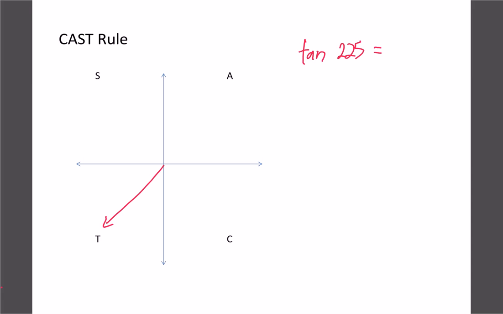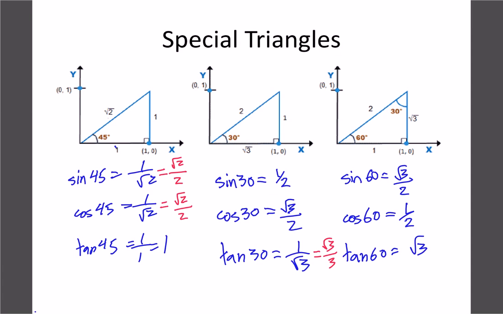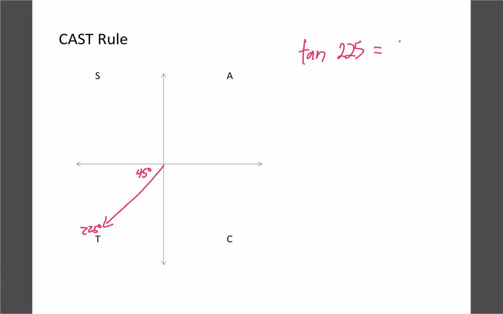Figure out our reference angle. So 225 minus 180 would give us 45. So we know it's a 45 reference angle. If we look back at our special triangles, tan of 45 is 1, so we know our answer has to be 1. And we're in the tan quadrant. We know that tan is positive there, so we're done. Our answer is positive 1.